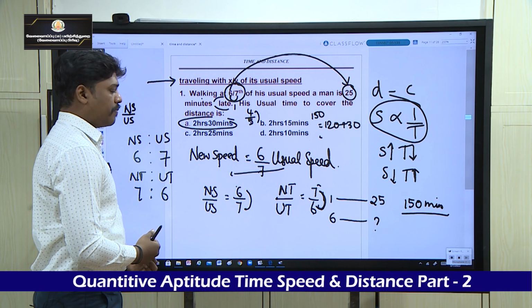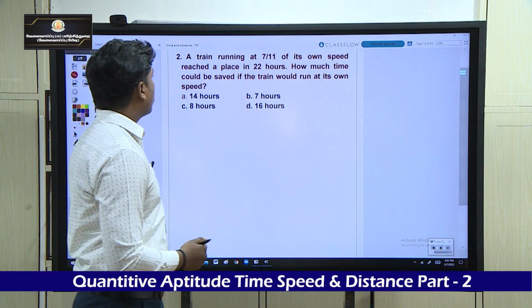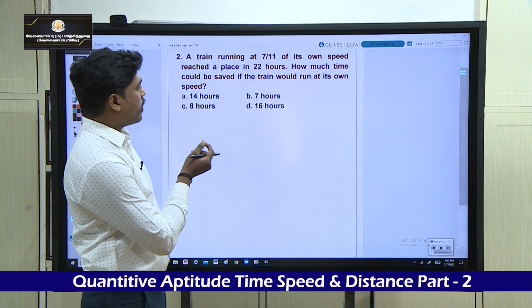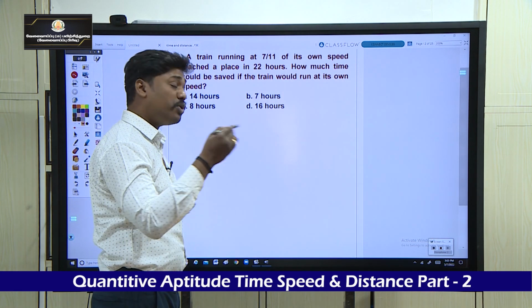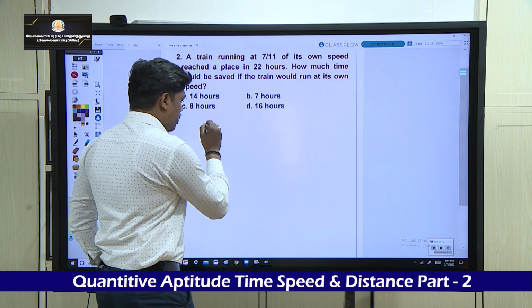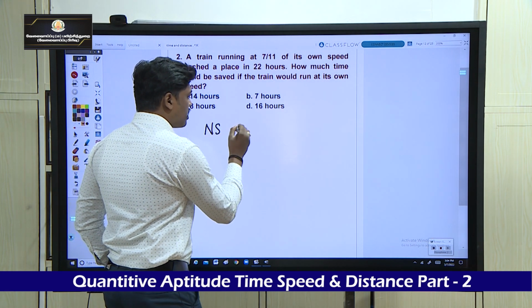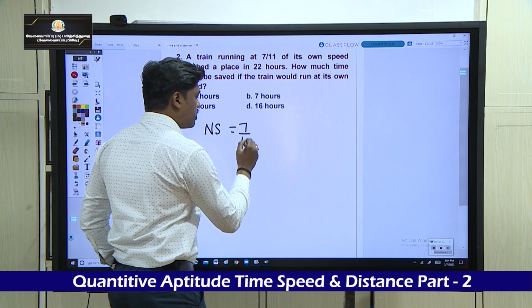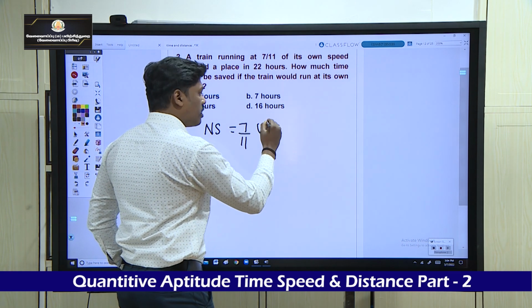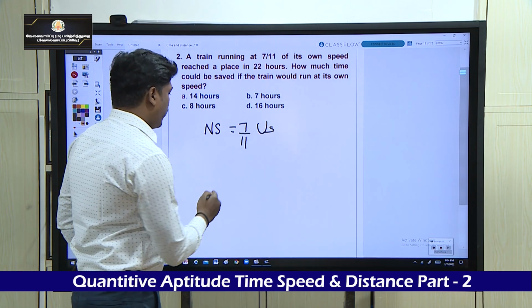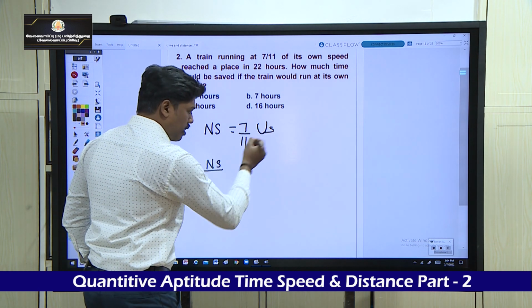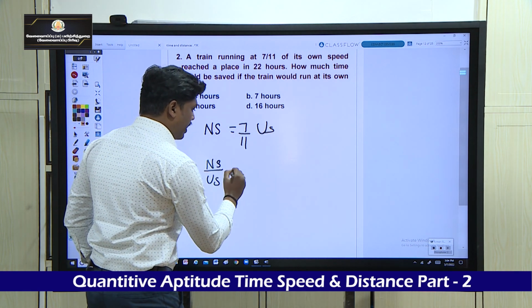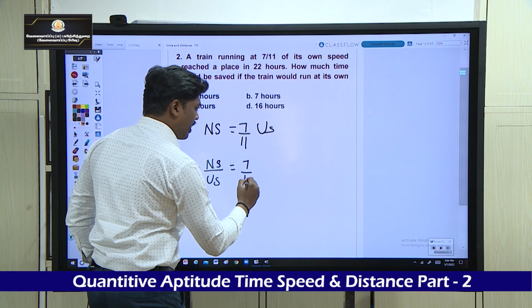Inversely proportional. The next question here: a train running at 7 by 11 of its own speed, which means the new speed is 7 by 11 of its own speed, which is the usual speed. So what we can do here is new speed divided by usual speed, and you will get 7 by 11.